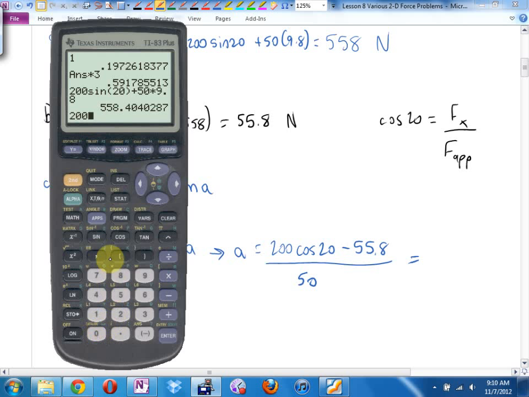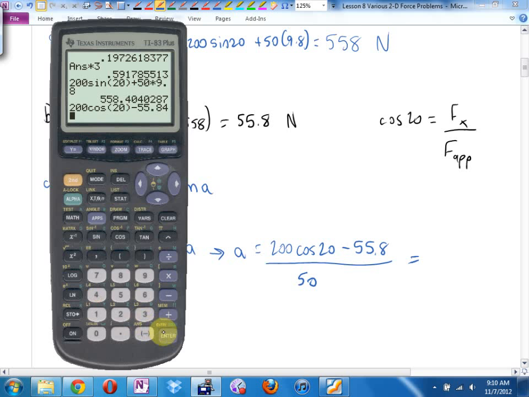So 200 cos 20 minus 55.84. I'll even use the 84 from my previous answer. Divided by 50. You get an acceleration of 2.64 meters per second squared? Yeah. Woohoo!